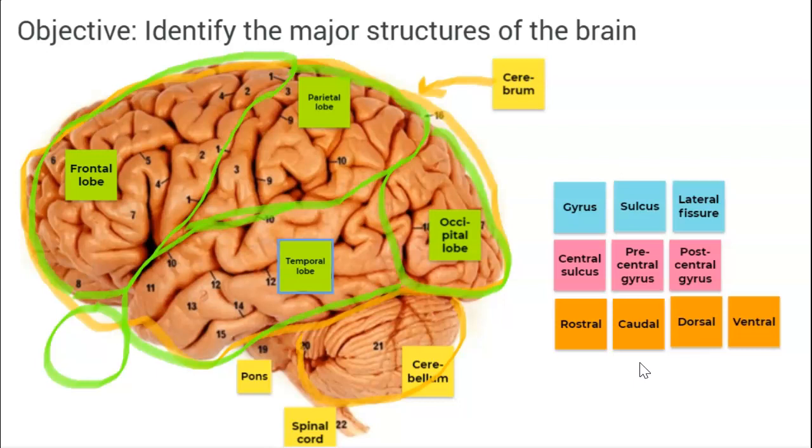So it's actually better to use rostral, caudal, dorsal, and ventral. And so if you think about something you know that has a dorsal fin, where would that dorsal fin be? It's on the back, or on the top. And so the top of the brain is called the dorsal side.